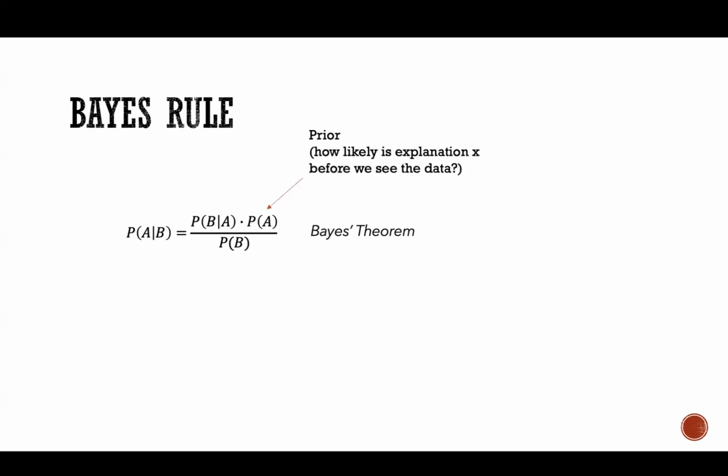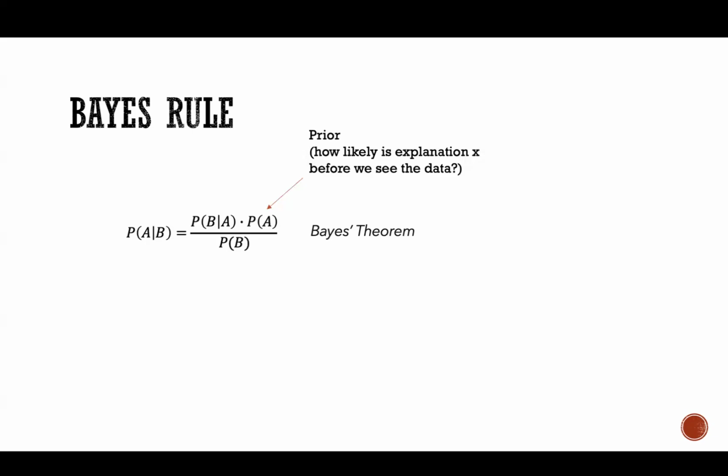So, Bayes rule, right? Basically, the probability of A given B is equal to the probability of B given A times the probability of A divided by the probability of B. If you're like me at this point, you just think, what? I thought I knew that, and now you just lost me. So usually what we want to know is the probability of a given theory, a given explanation.